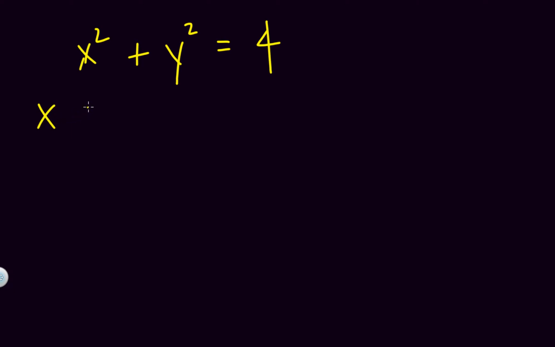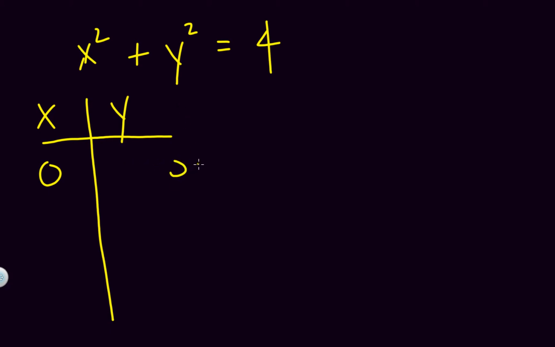Looking at the x and the y, let's start with 0 again. If x is 0, that's going to give me 0 plus y squared equals 4. y squared is equal to 4. I would take the square root of both sides, and we'll talk about this again later.